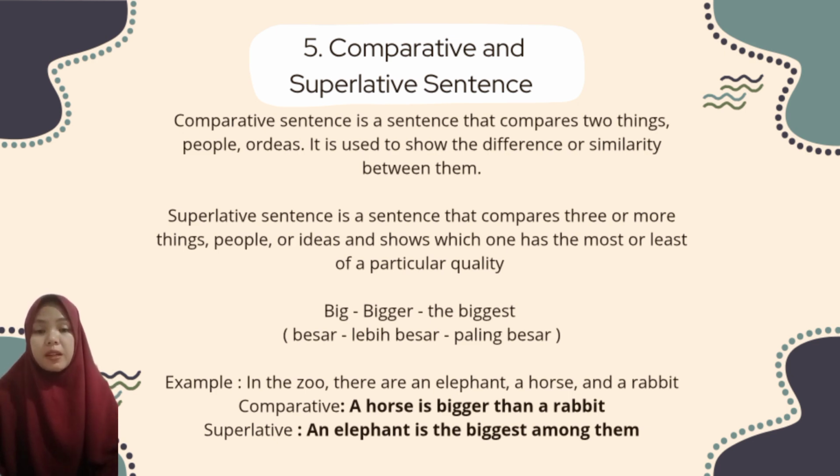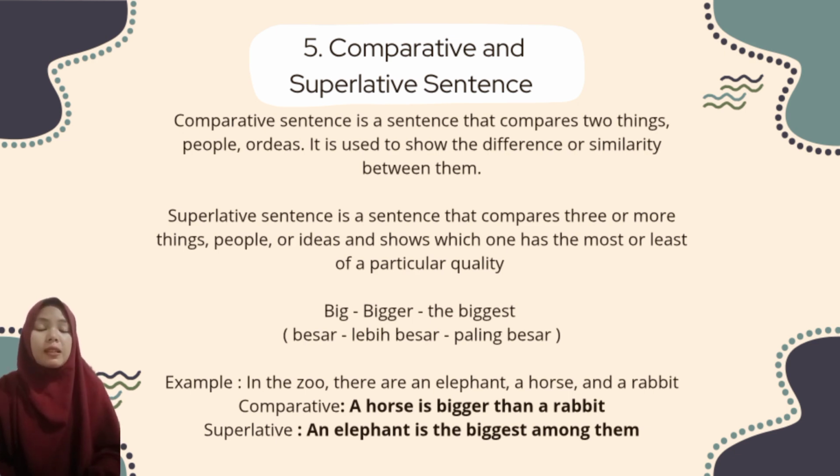Five, comparative and superlative sentence. A comparative sentence is a sentence that compares two things, people, or ideas. It is used to show the difference or similarity between them.